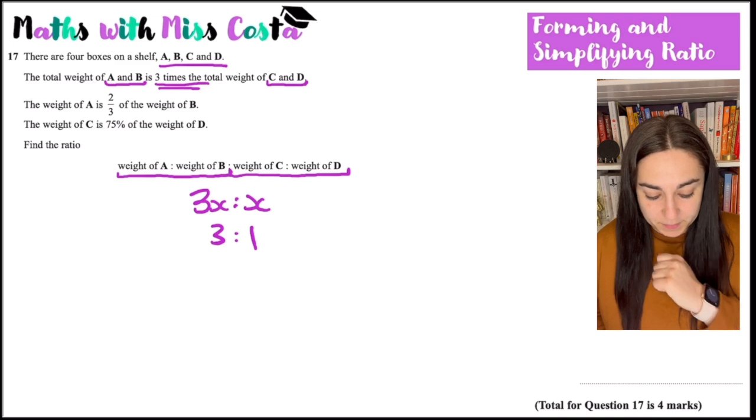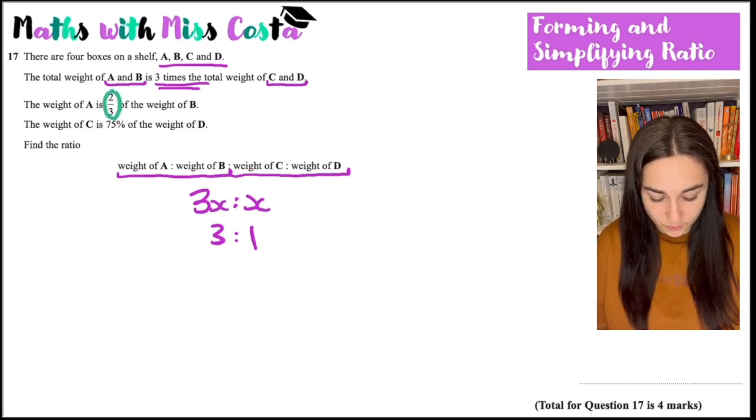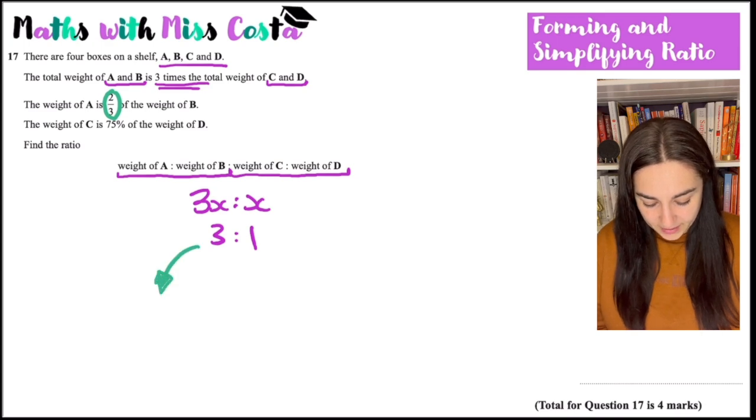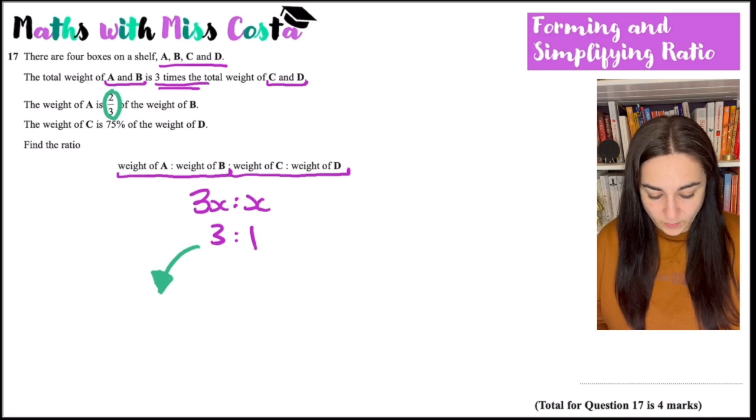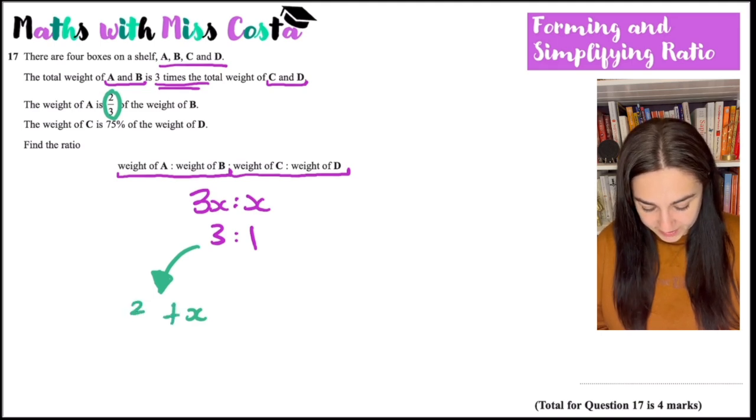Now the next piece of information I'm given is that the weight of A is 2/3 the weight of B. So out of this ratio here, I know that whatever the weight of B is, so we could call B X, the weight of A is going to be 2/3 of that.